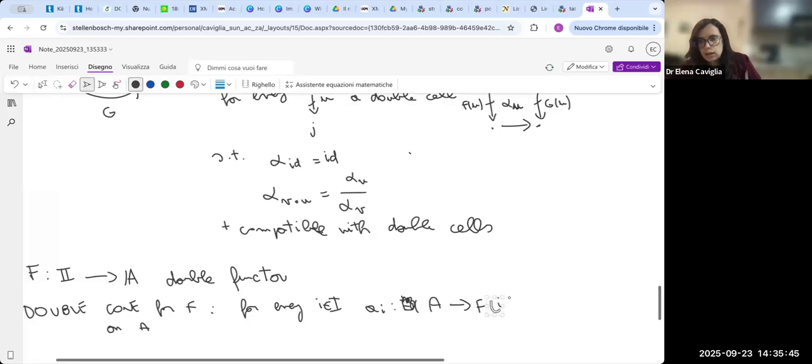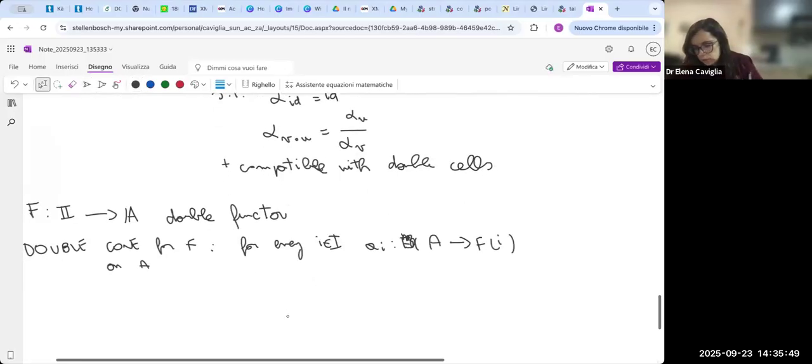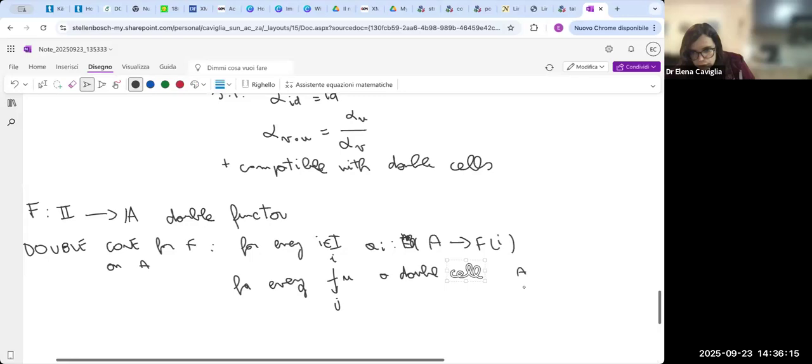So these are the arrows that make up our cone. But then we also have a bunch of double cells. So for every row arrow U from I into J, we get a double cell. And this is a double cell of this form.